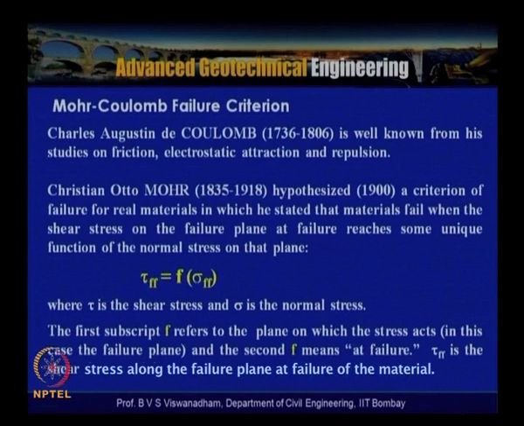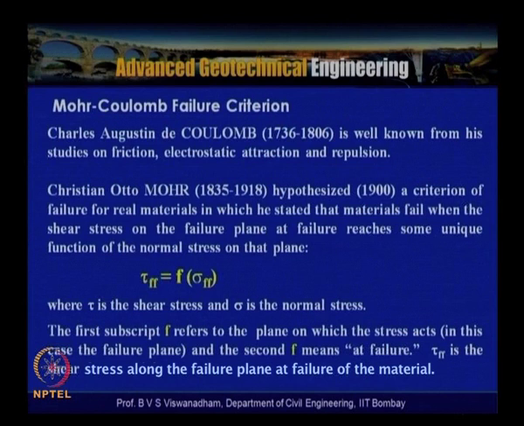Similarly, Otto Mohr hypothesized a criterion of failure for real materials, in which he stated that materials fail when the shear stress on the failure plane at failure reaches some unique function of the normal stress on that plane.